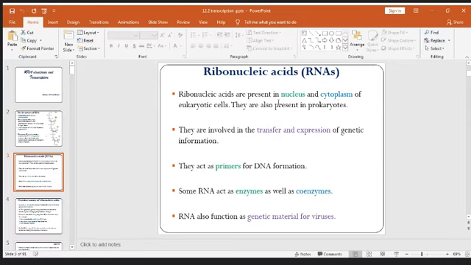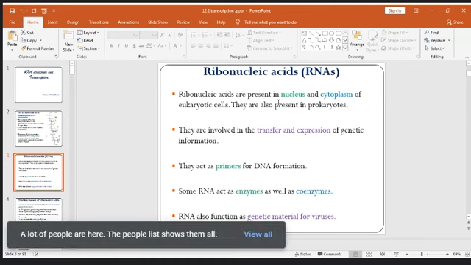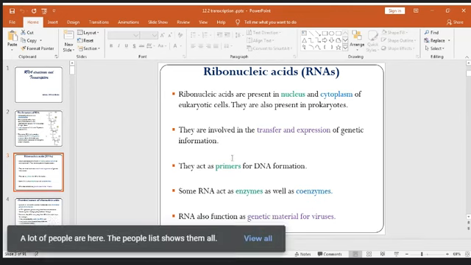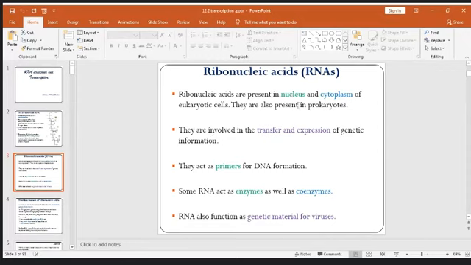Of course nucleusም ኖርማል የሆነ ኒኩሊየር ሜምብሬን ያለው eukaryotic cell ውስጥ ነው። ነገር ግን RNA ኒኩለስ ውስጥ ከተሰራ በኋላ post transcriptional modification ያካሂድና ወደ ሳይቶፕላዝም ውስጥ ይሄዳል። The reason for that matter is the translation is taking place in the cytoplasm, ribosomoች cytoplasm ውስጥ ስላሉ። ነገር ግን ያው ሳይቶፕላዝም ውስጥም ኒኩለስ ውስጥም ይገኛል ማለት ነው, especially in the eukaryotic cells. So they are involved in the transfer and expression of genetic information.